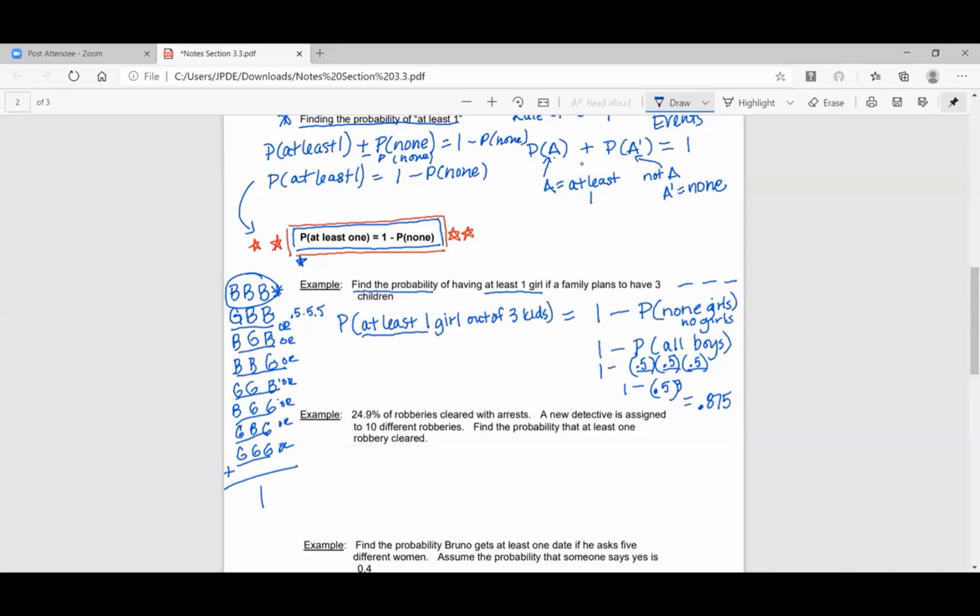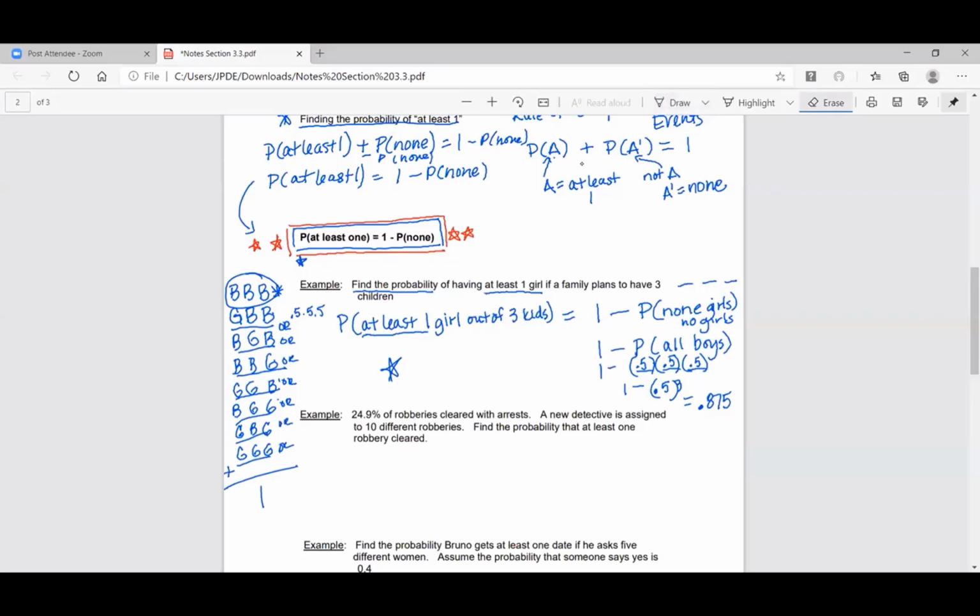So times 7. If you multiply that by 7, you get 0.875. So you can either find all those and add them all, or do this. So this is the preferred, more efficient method.